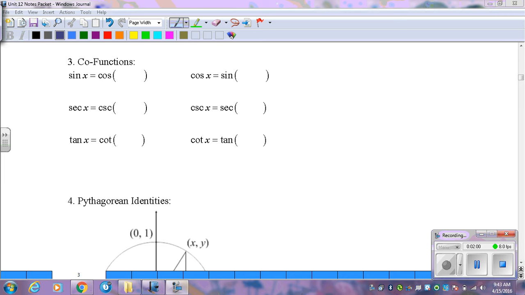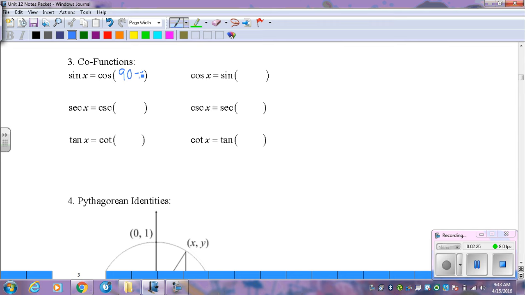We recently talked about cofunctions, sine, cosine, secant, cosecant, tangent, cotangent. And remember we said that the two of those angles had to add up to 90 degrees. So when you write all of these, and all of these blanks are going to all be the same thing here, these are all just 90 minus whatever your x value is.